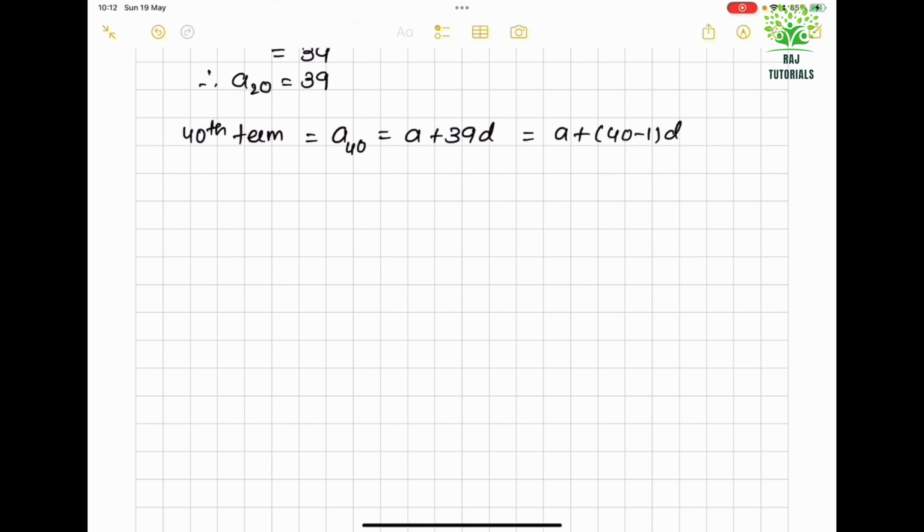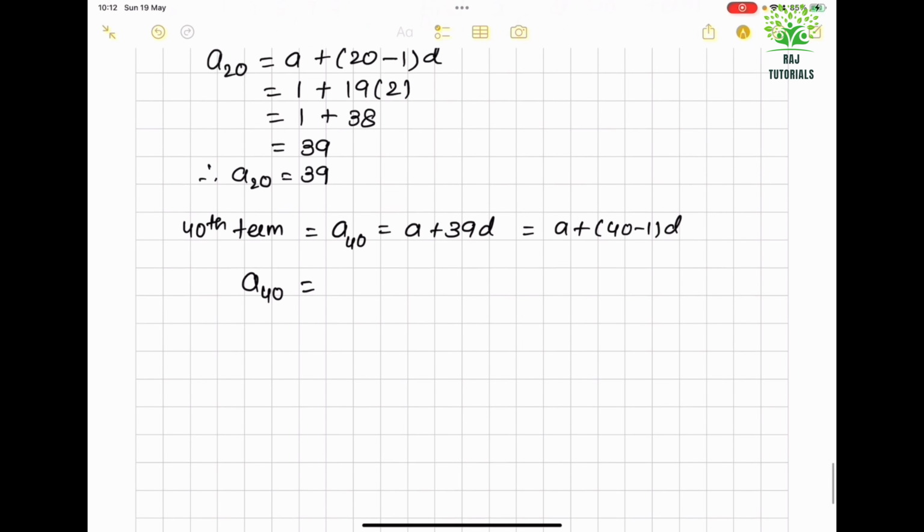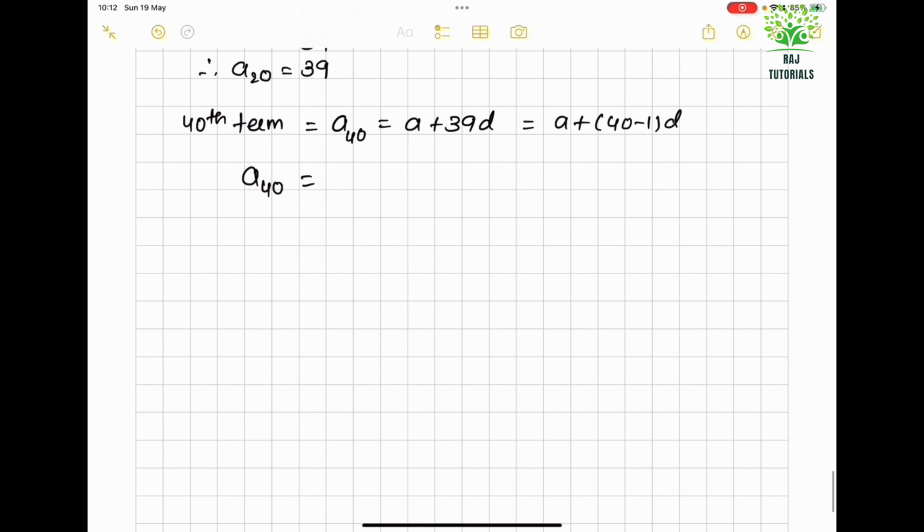Now for A40, A was 1, plus 39 into 2, because D is 2. So 1 plus 78.